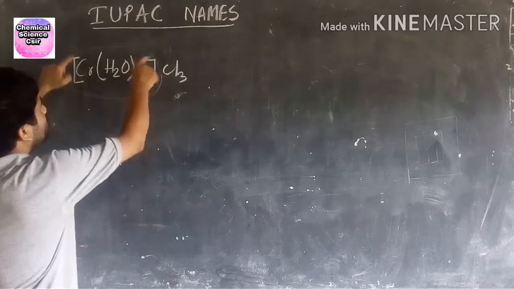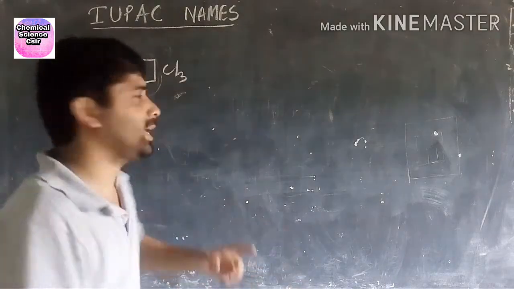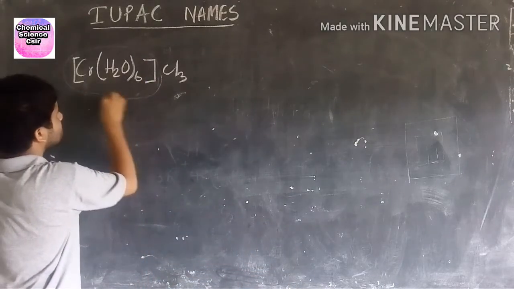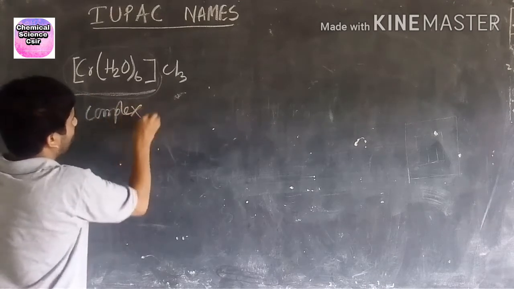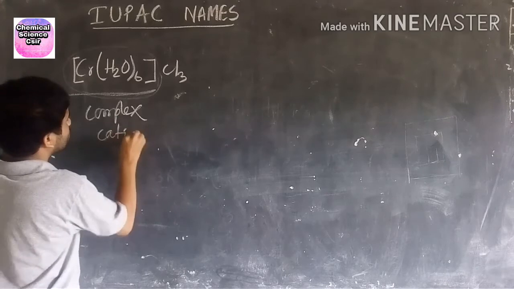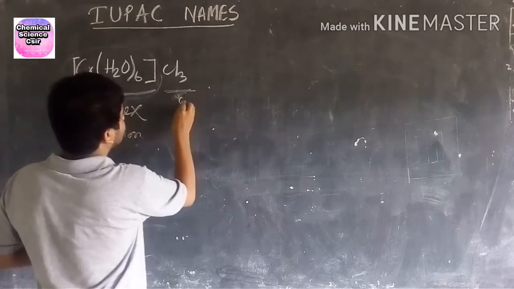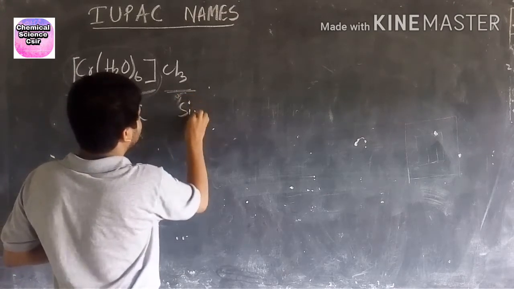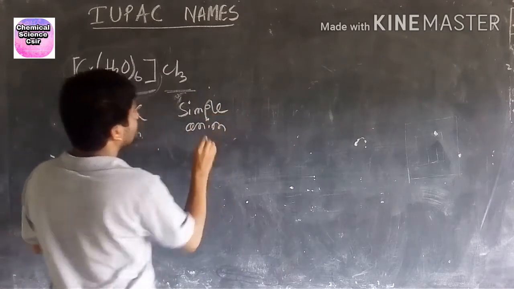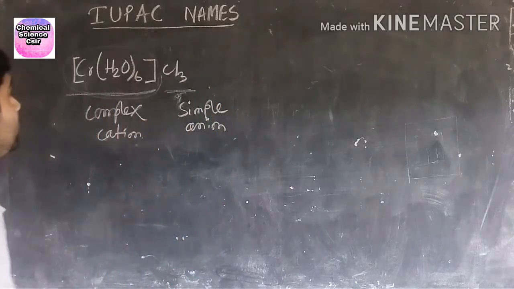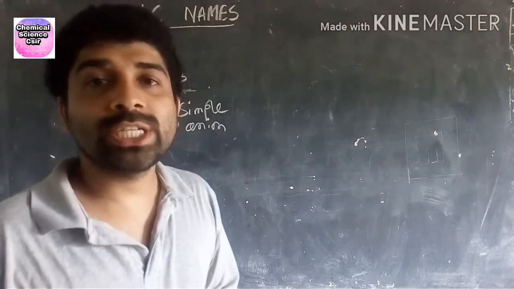See, this third bracket one is always complex. So this one is a complex cation, and this one is a simple anion.